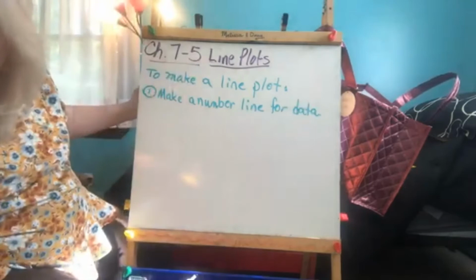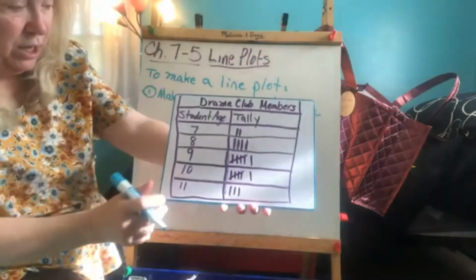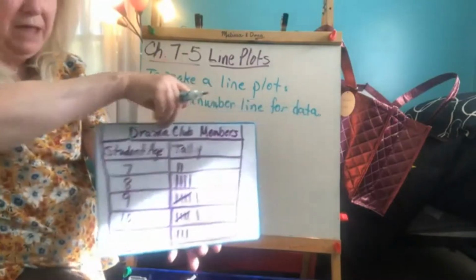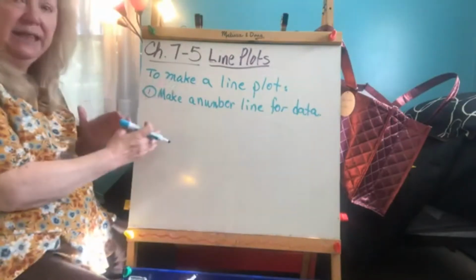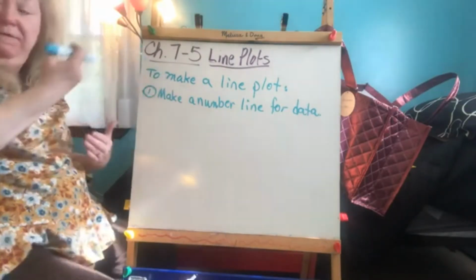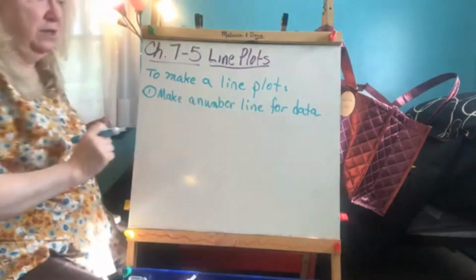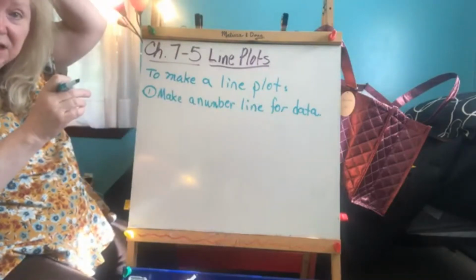So if we look here on our tally chart, we have the ages from 7 to 11. So we have to make sure that we include at least, I would go a little bit before the 7 and a little bit after the 11, because those are the ages of the kids that are in this set of data.